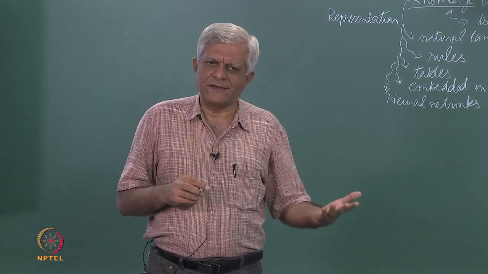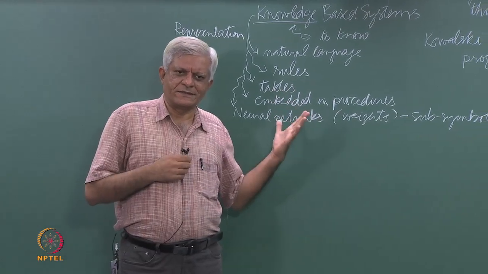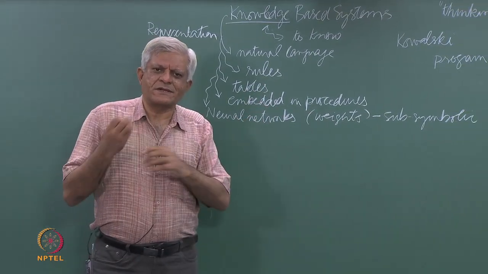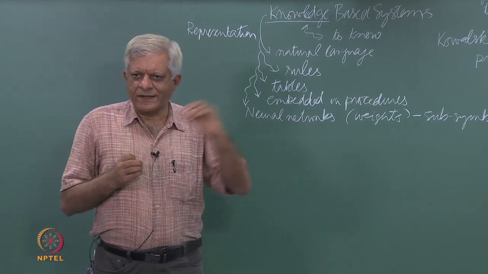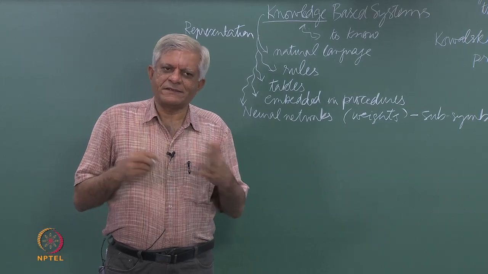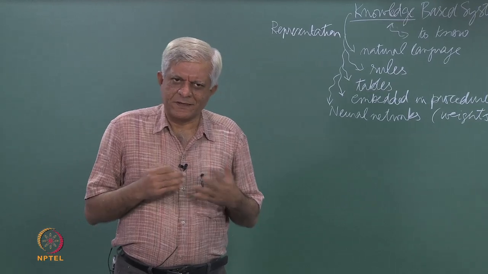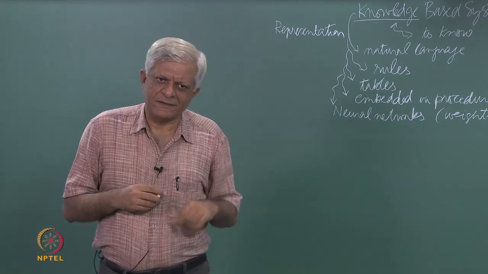A symbol meaning a weight, basically everything in a neural network is recorded in terms of weights essentially. A weight basically tells you what is the connection between one neuron and the next neuron, or what is the strength of the connection between two neurons. It does not tell you how you are representing the concept of a chair or a character or an image or a pattern that you are trying to recognize.